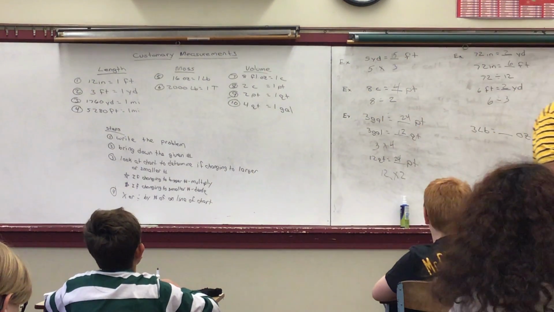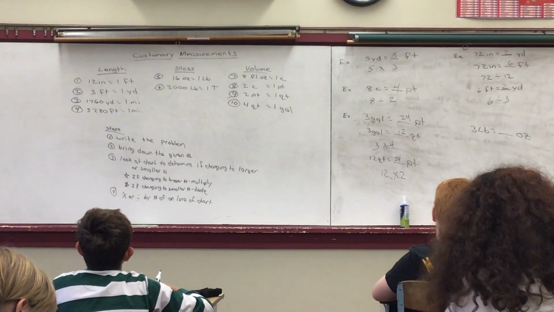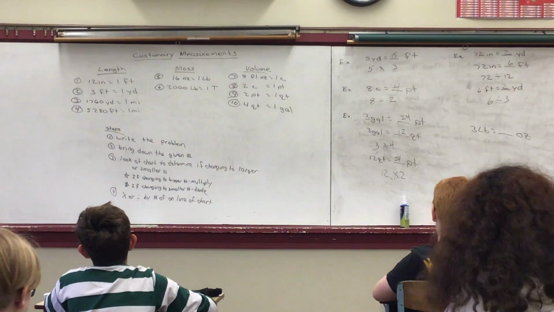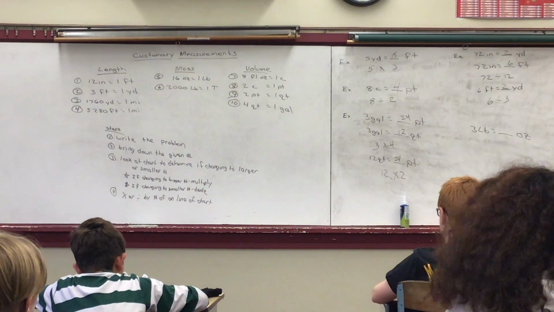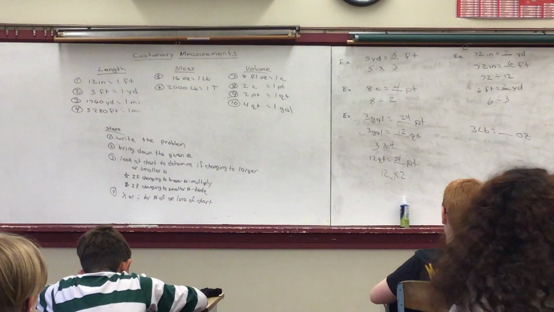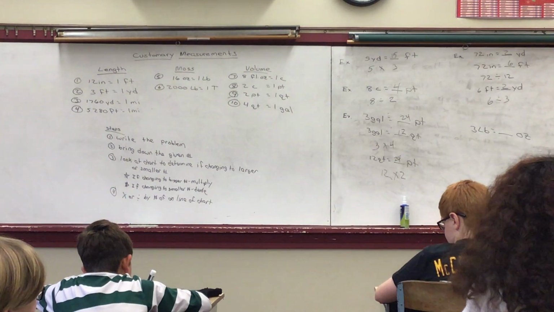3 pounds equals blank ounces. So right now you should be doing step 1. No one should be even touching your calculator at this point.